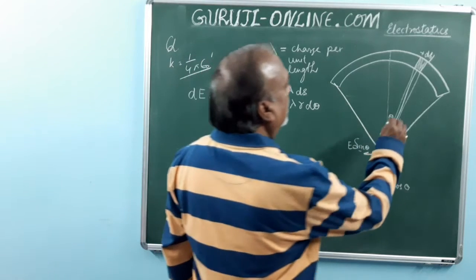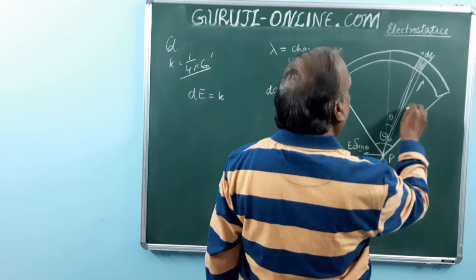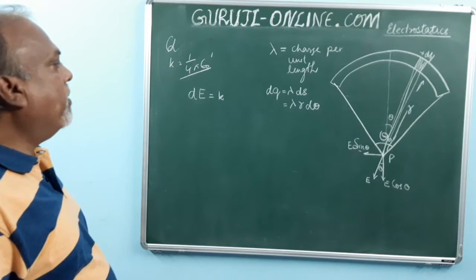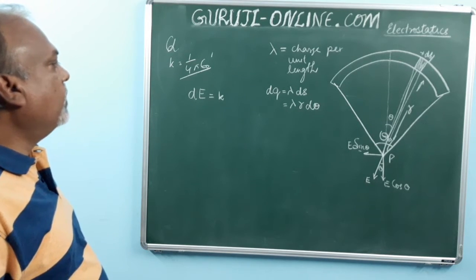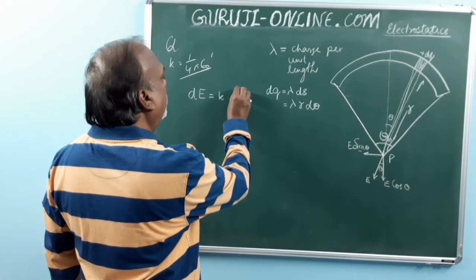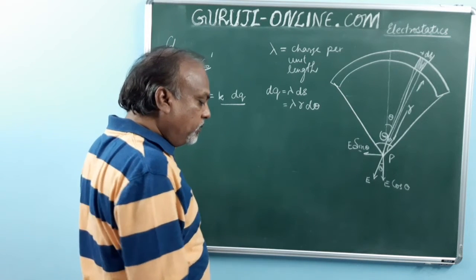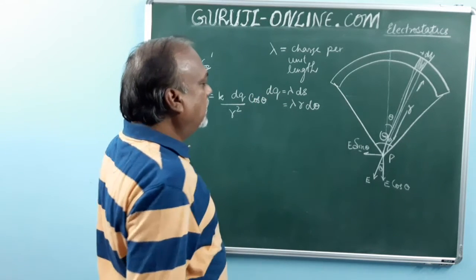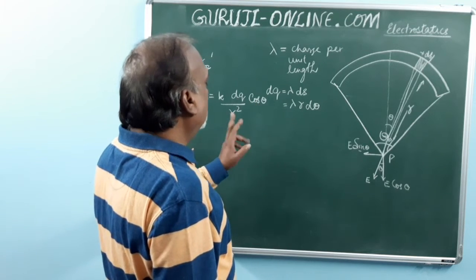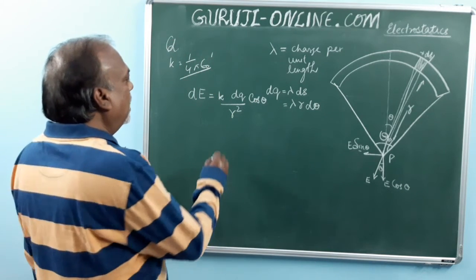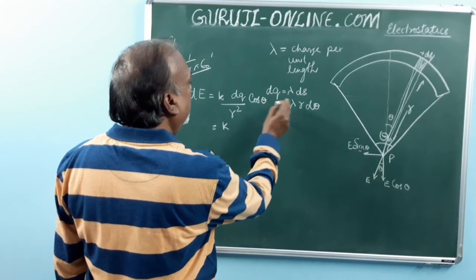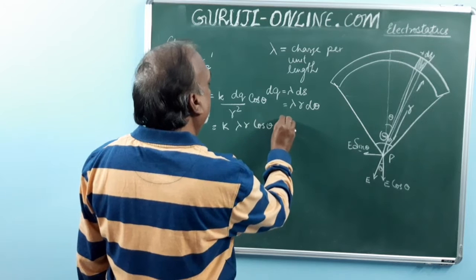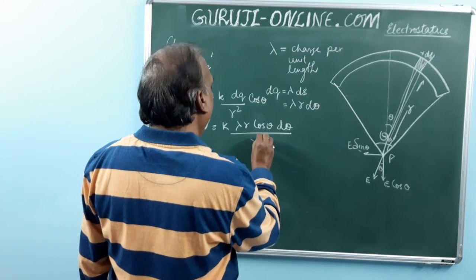This is your r. Of course, this is E cos theta, so this will be K dq cos theta upon r square, and dq is nothing but lambda r d theta, so cos theta into lambda r d theta upon r square.